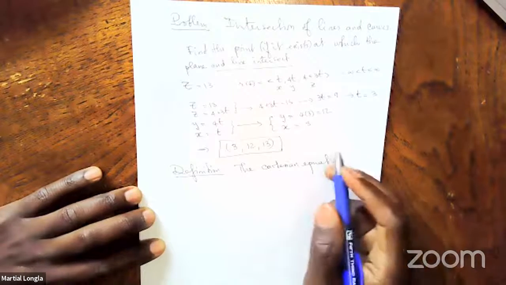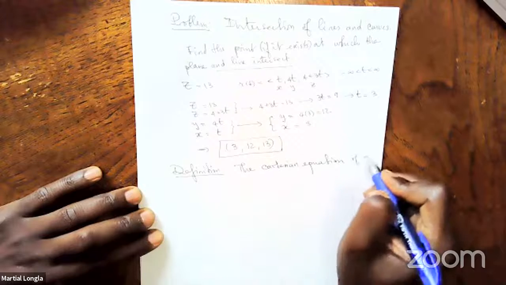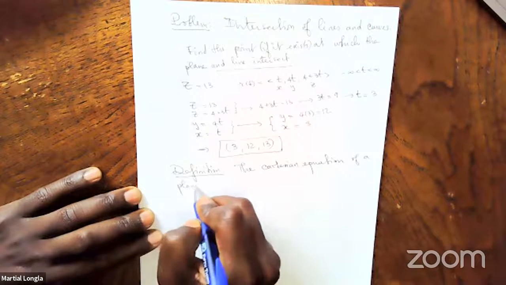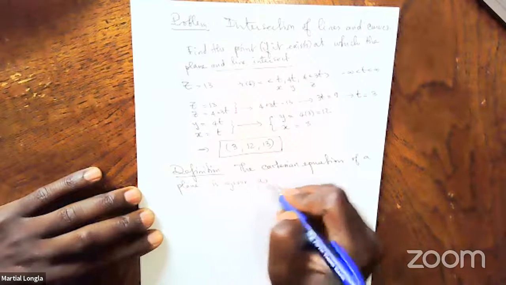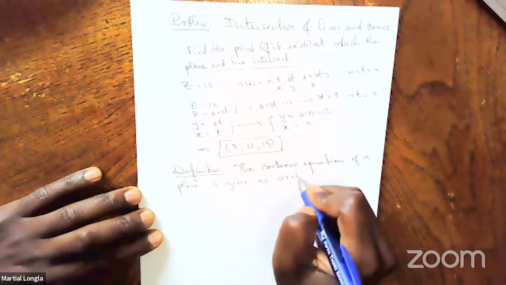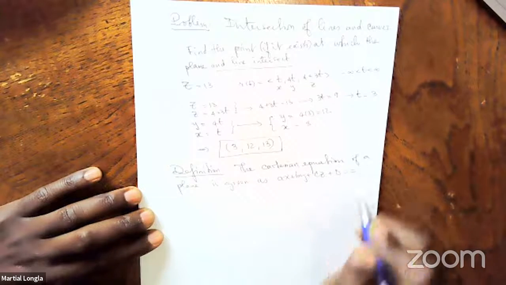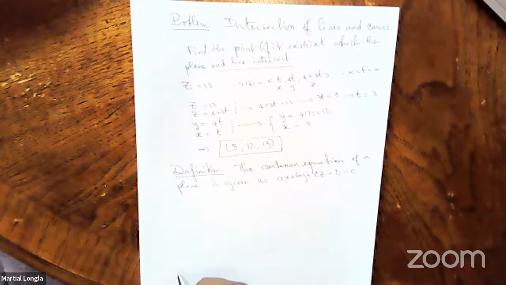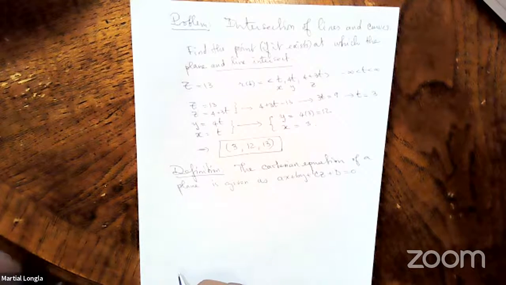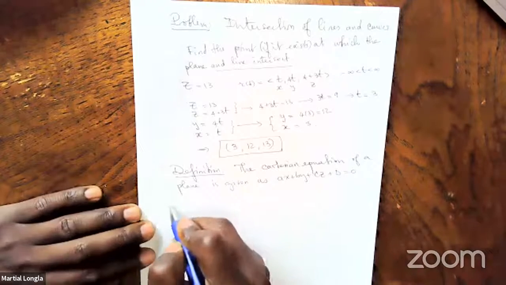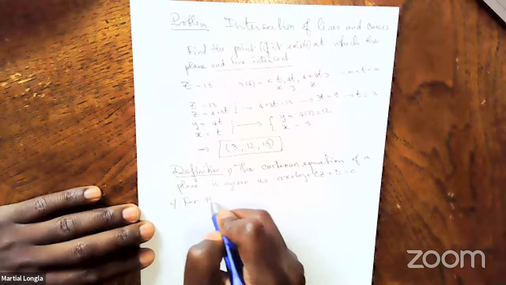You will talk about that in Calc 4 if you happen to take Calc 4. The Cartesian equation of a plane is given as ax plus by plus cz plus d equals 0 in general. Anytime you see an equation like this in space, it represents a plane.